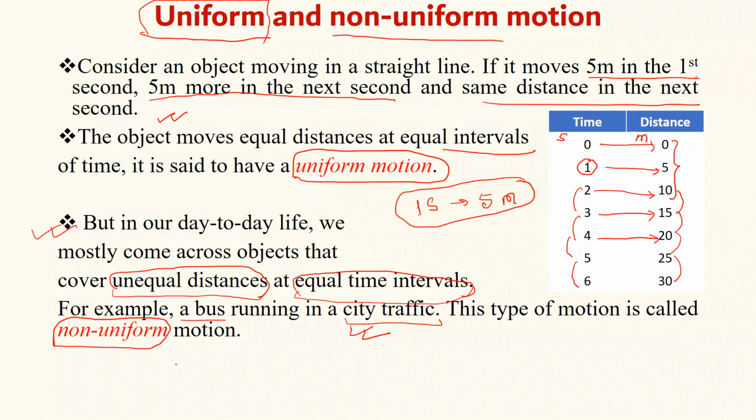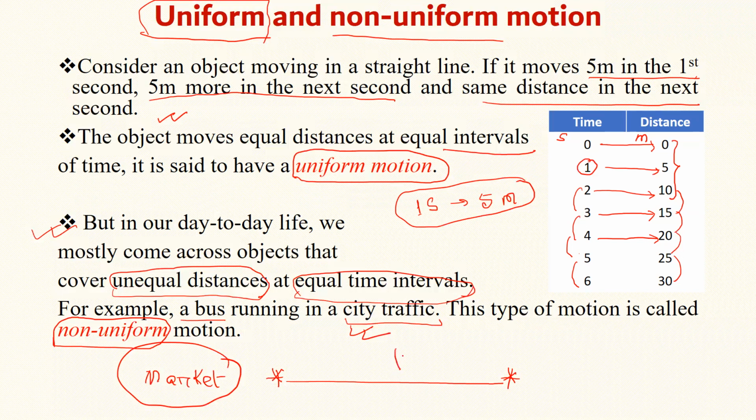Suppose you have gone to a busy, crowded marketplace. If you have to go from one end of the market to the other end, can you cover this distance with uniform motion?